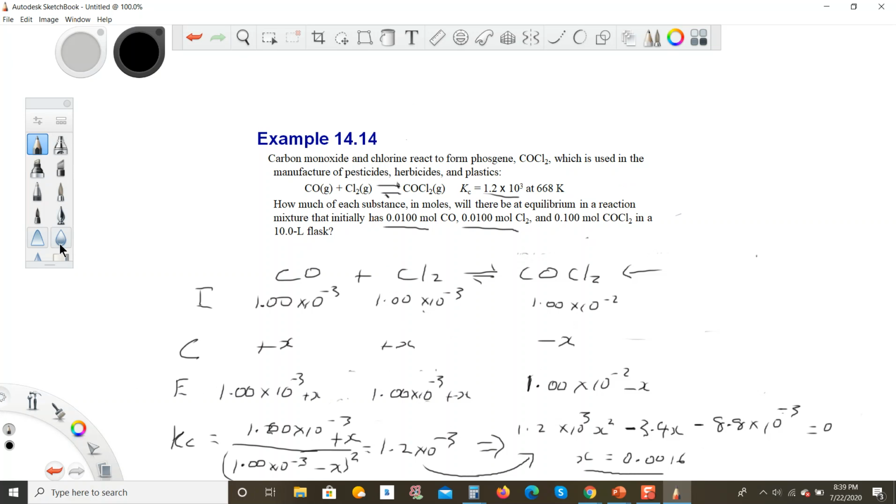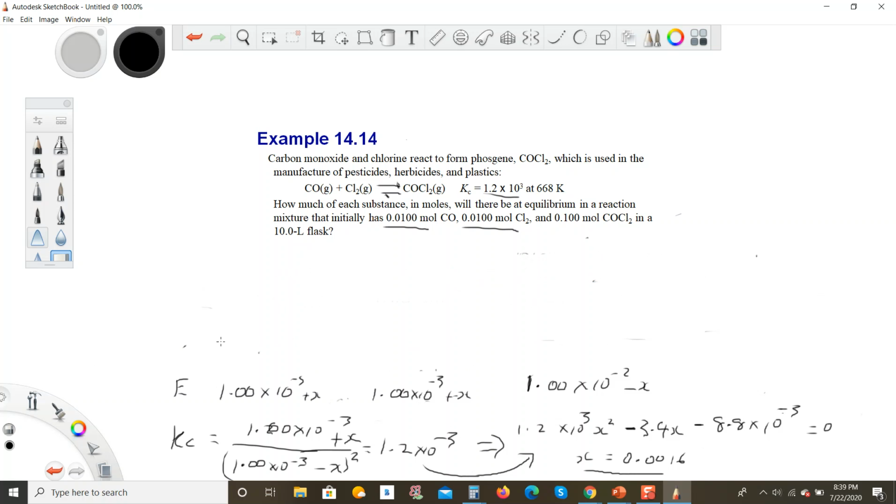So again, I'm going to need some more space. I'm going to do some erasure here, because what we have to do is to find out the concentrations first for each of the components involved, starting off with the carbon monoxide.